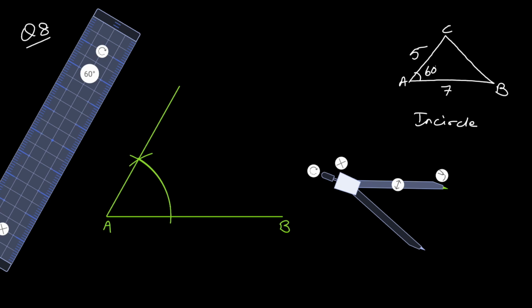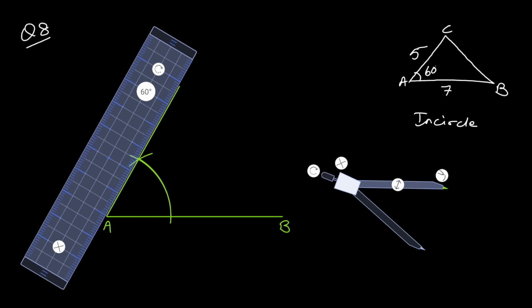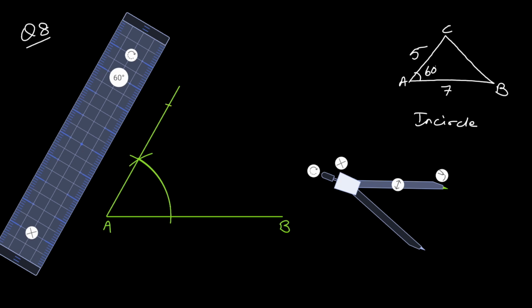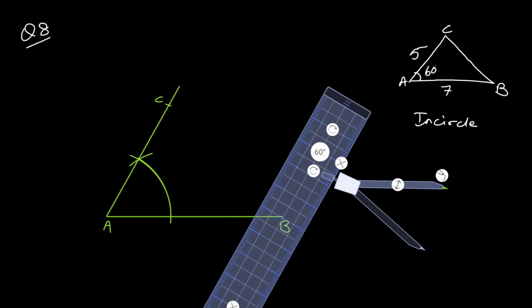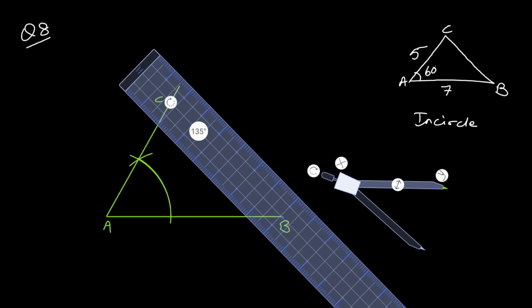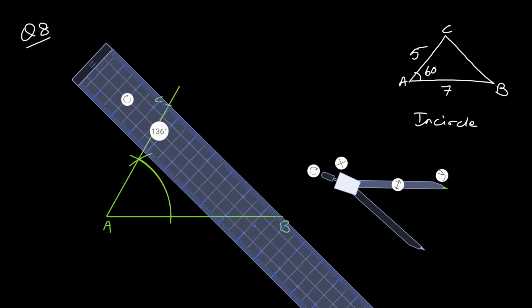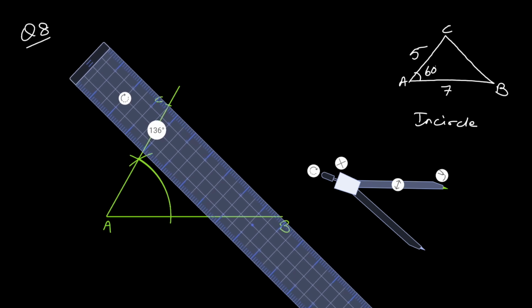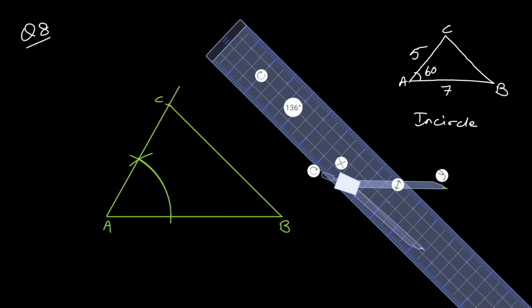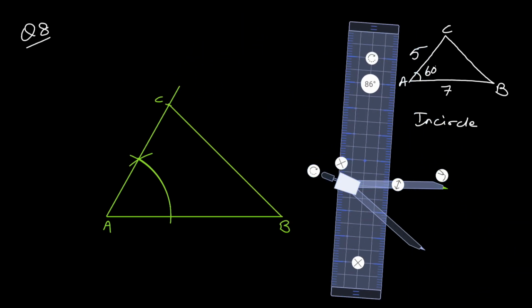And on the ray of the 60 degree line, point C lies 5 centimeter away from point A. So you measure 5 centimeter on the scale or on the rounder and mark point C, and join that point C with B to complete the triangle. So your ABC is the required triangle.